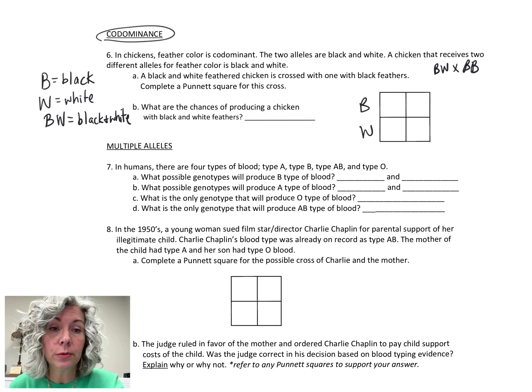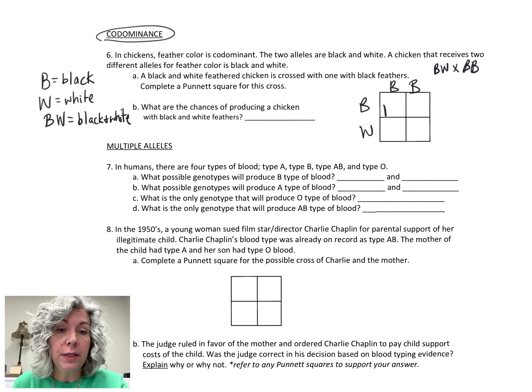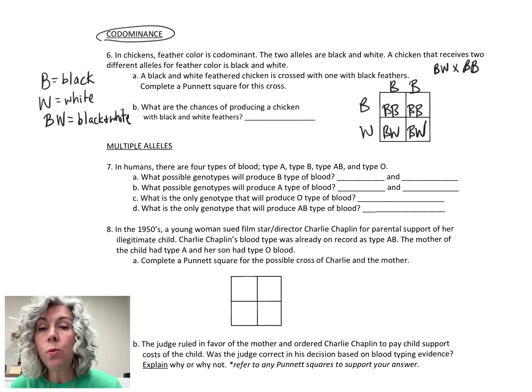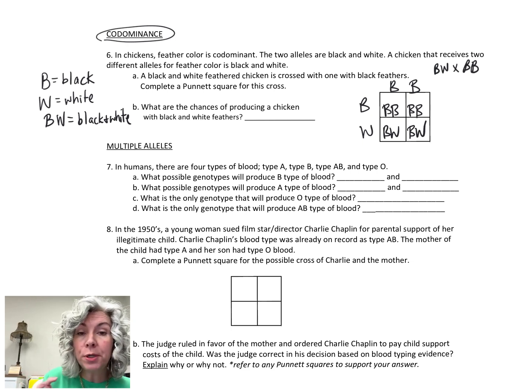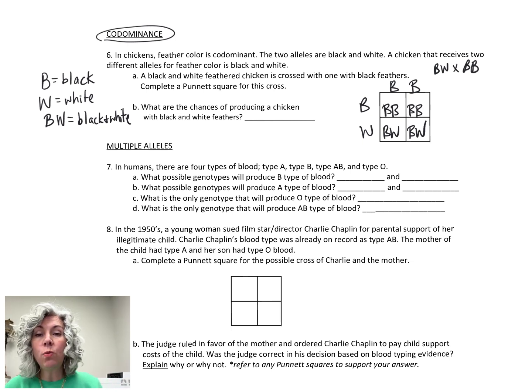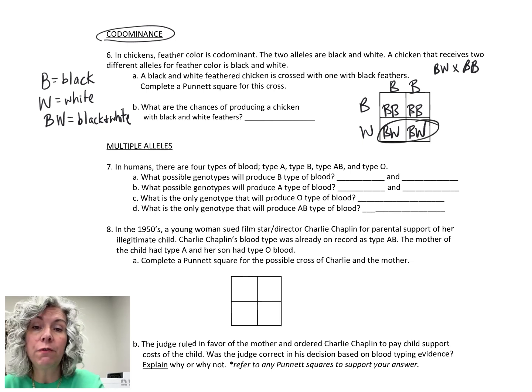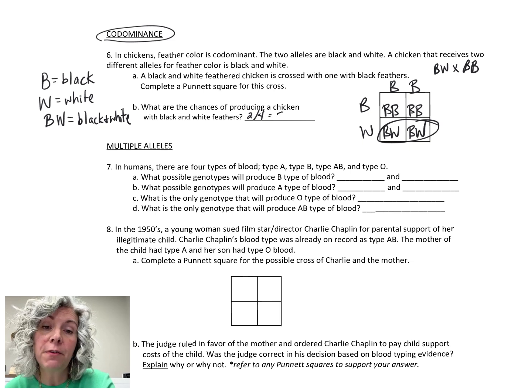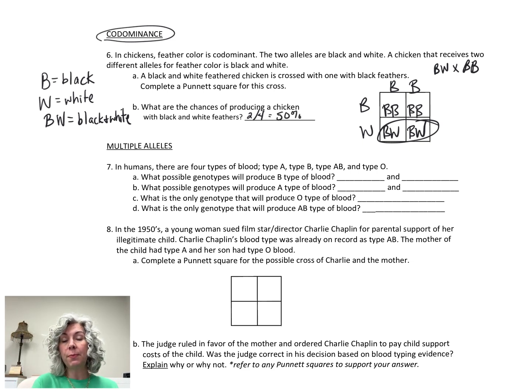BW, capital B, fill in our Punnett square: two capital B's across the top, and then BW's across the bottom. What's our question? What are the chances of producing a chicken with black and white feathers? That's going to be these two right here out of the 4. So we would say 2 out of 4 chance, which is a 50% shot of getting a baby chick with black and white feathers, 50%.